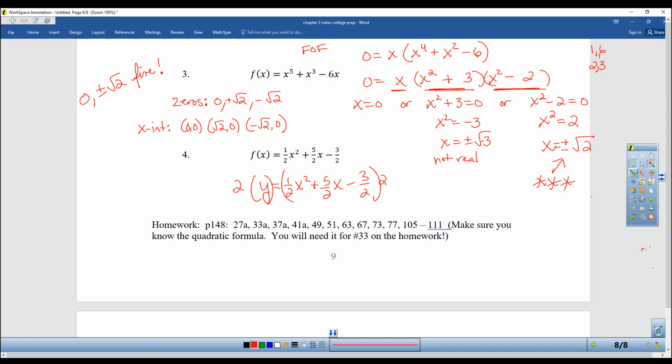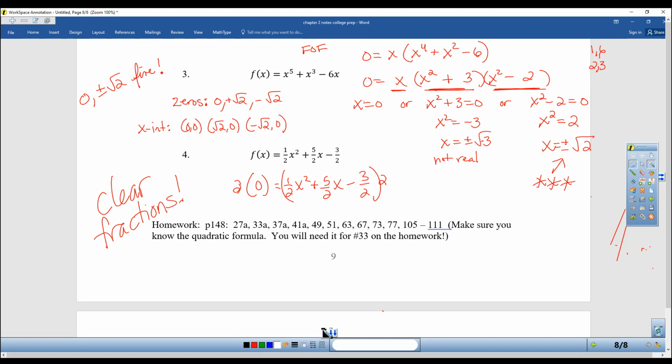But once you set it equal to 0, once you make this equal to 0, now you can clear the fraction. It doesn't work on just anything, but on an equation, it does work.